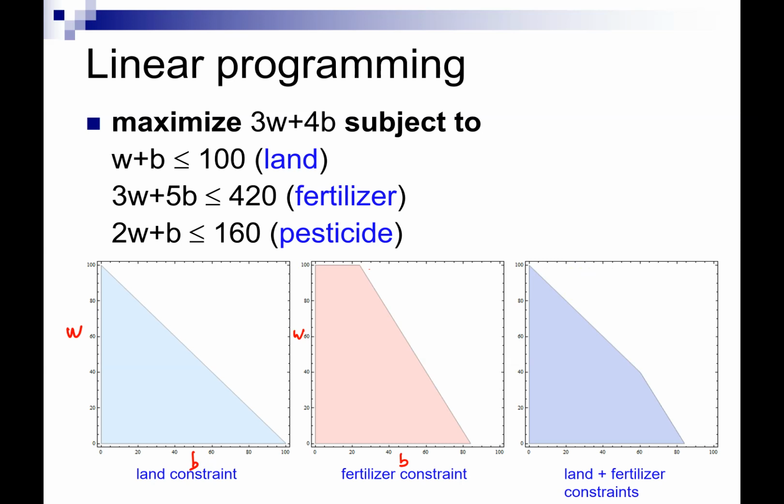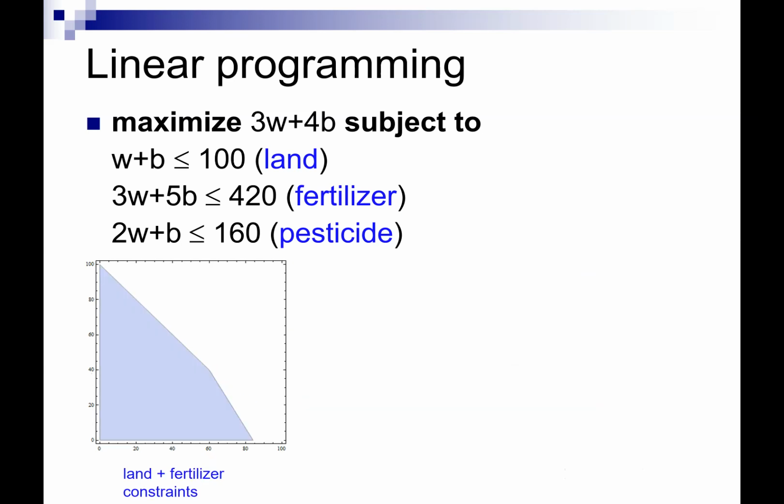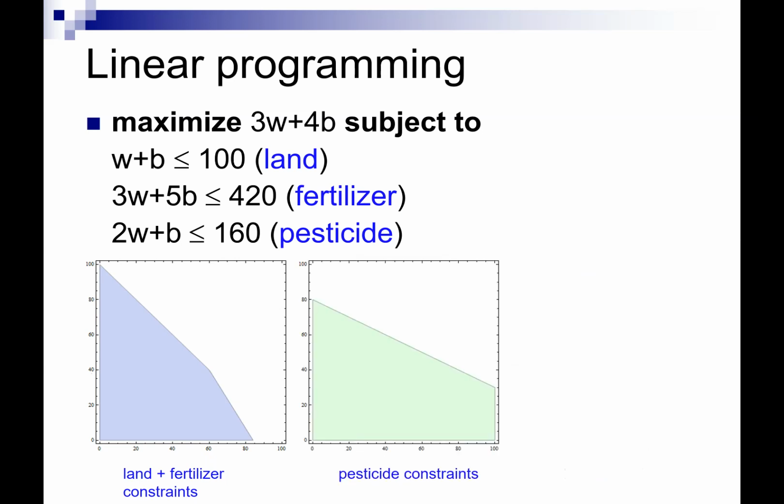But we're not done yet because we have one more constraint, which is the pesticide constraint. We're going to take this region for the land and fertilizer constraints, and add on top of it this pesticide constraint. If you plot the pesticide constraint, again it corresponds to a region in the plane. This region again is going to extend out farther, but I'm showing just part of it.